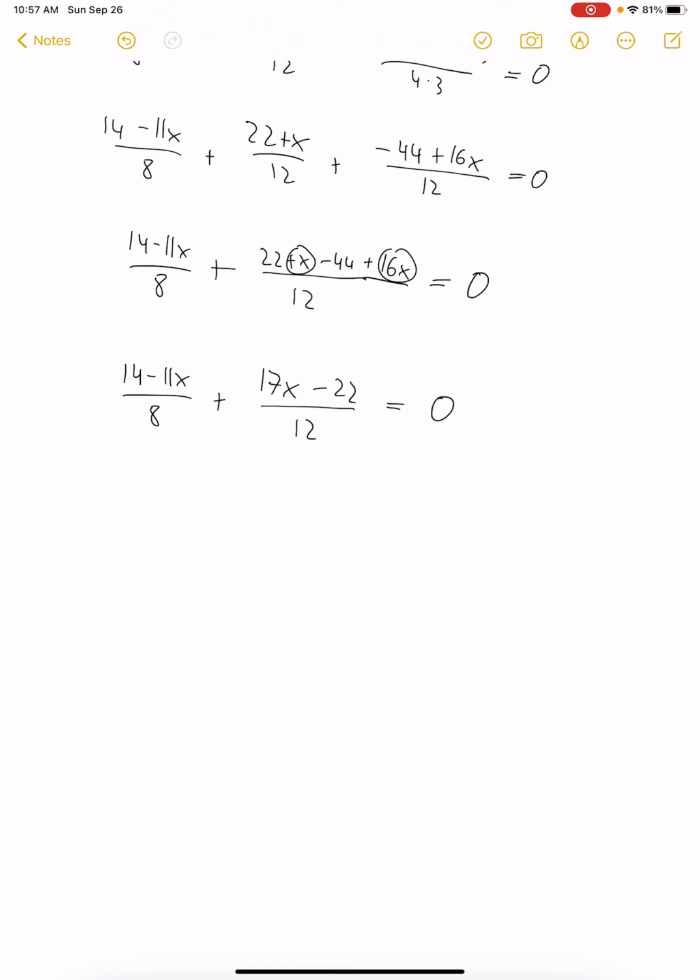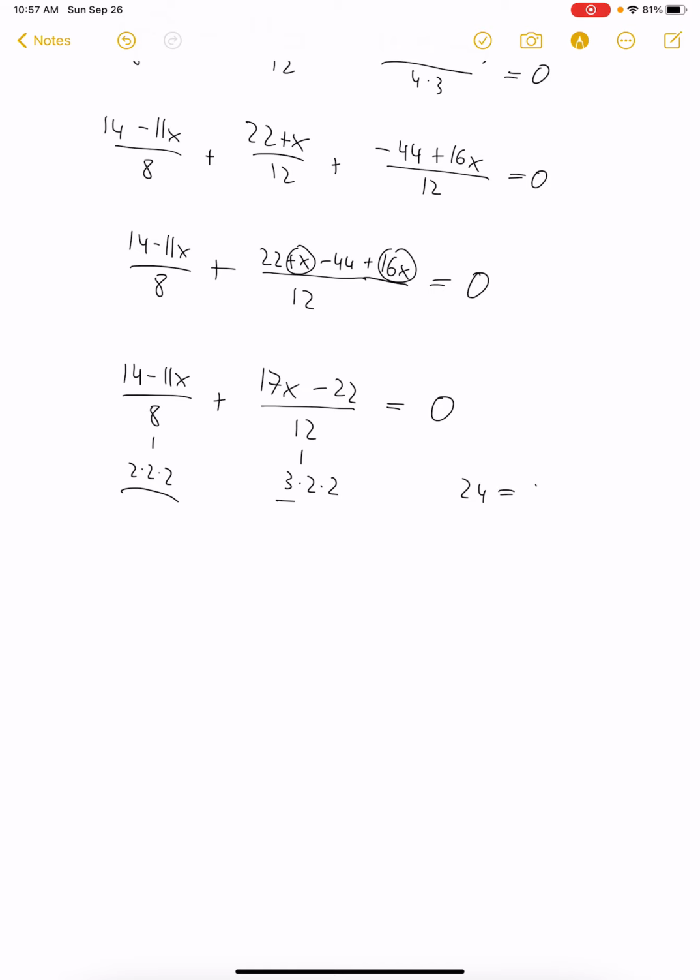Now we see that we get 8 and 12. So 8 is 2 times 2 times 2, and 12 is 3 times 2 times 2. So we want to convert both fractions to the smallest number that is divisible by both 8 and 12, which is 2 times 2 times 2 times 3, which is 24.